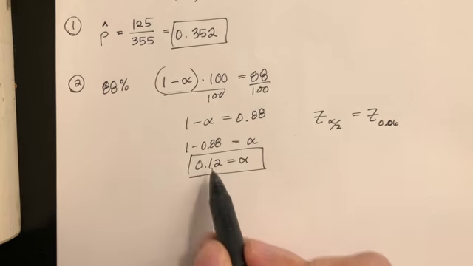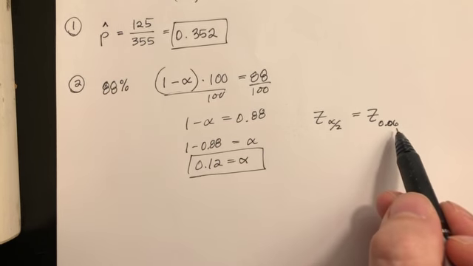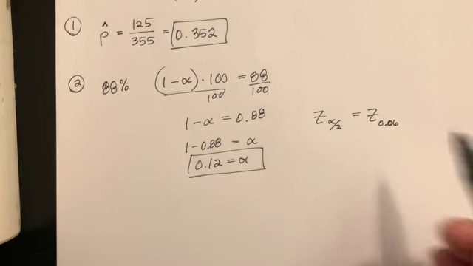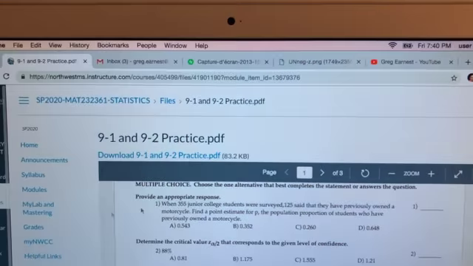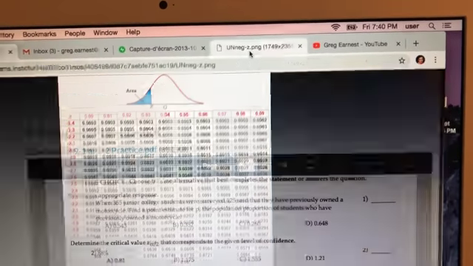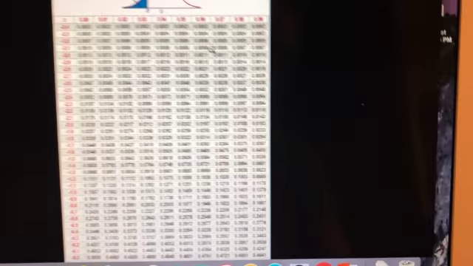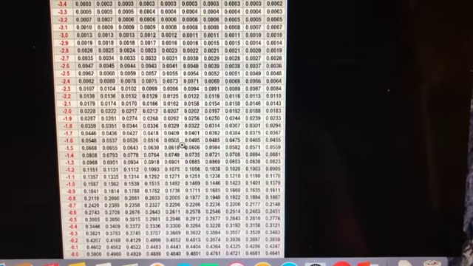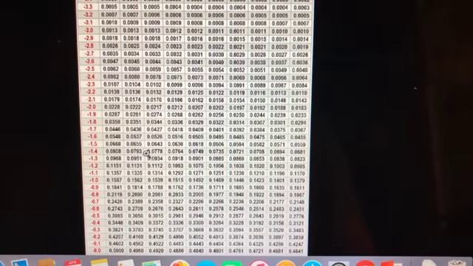So alpha is 0.12, divided by 2 is 0.06. So we're going to look for this area in the normal chart. Still using these things, so it's very handy to have them. 0.06 is a small number, so I'm going to look in these negatives. Looking for 0.06. Anybody seen 0.06?